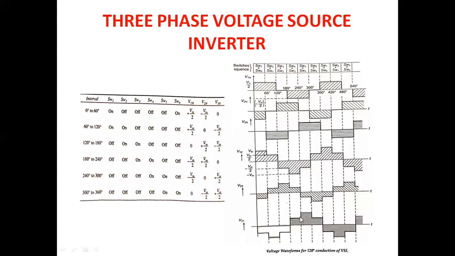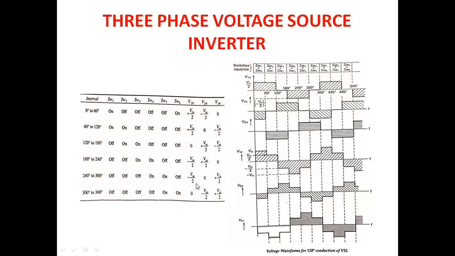Now for the fifth interval, that is 240 degree to 300 degree, switch 4 and 5 is on. The output voltage V1n is minus Vin by 2, that one. V2n is 0, that one. And V3n is plus Vin by 2, that is that one.